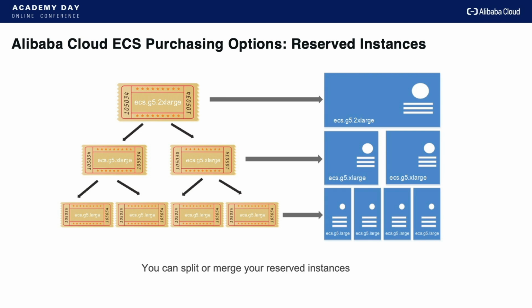If you find that this is too much, you can split the reserve instance into multiple 4 CPU instances simply by splitting the reserve instance. And this process is repeatable. You can match 2 CPU instances with your RI. What's more, this process is reversible. You can merge multiple reserve instances to obtain more or larger instance resources.